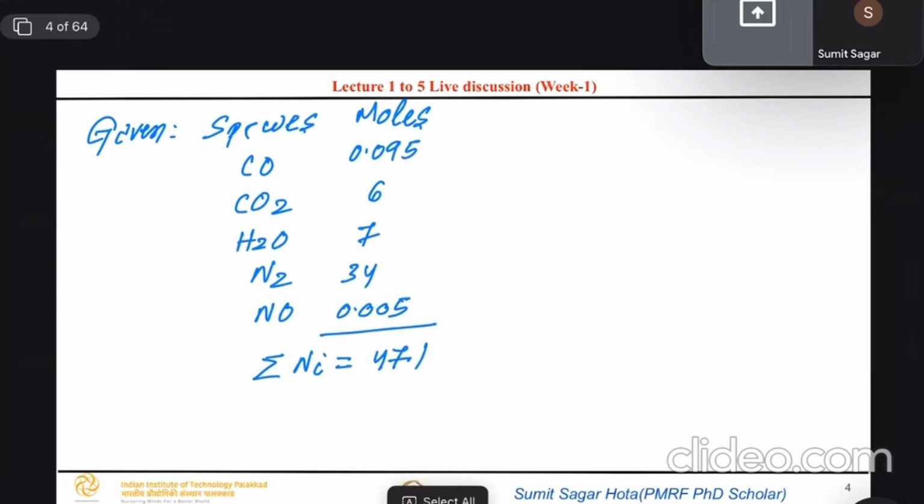Now we can calculate the mole fraction as well as the mass fraction from these moles, because we have the moles of individual species and we also know their masses. We have all the information. Now we just have to calculate Xi and Yi as we discussed in the lecture.